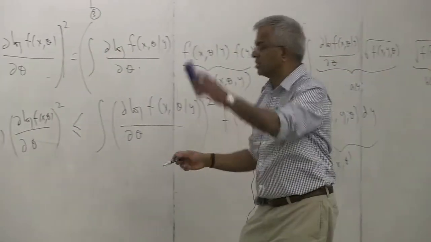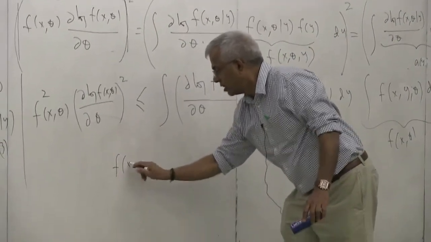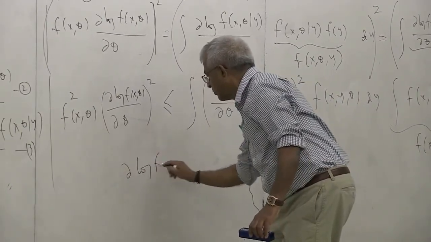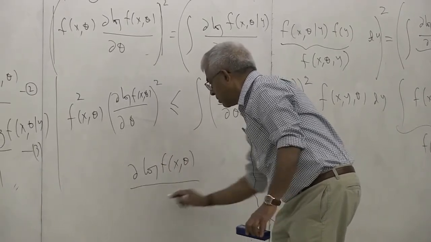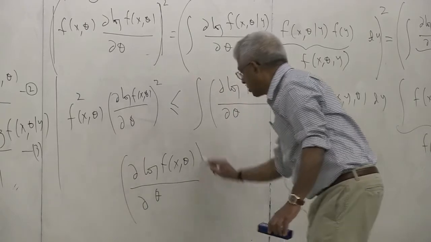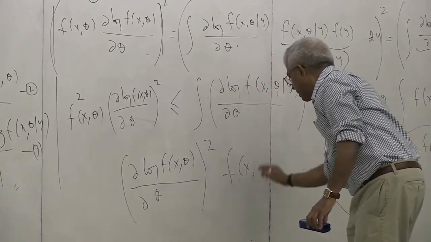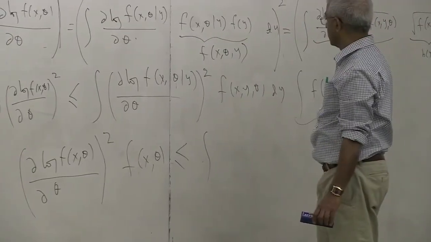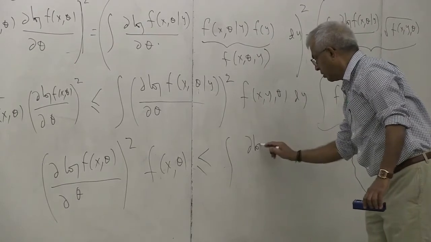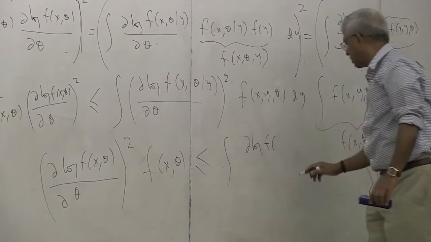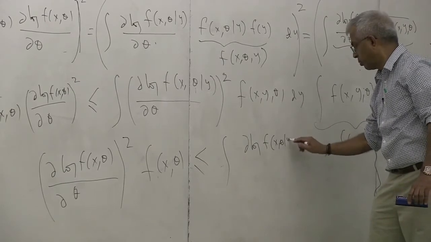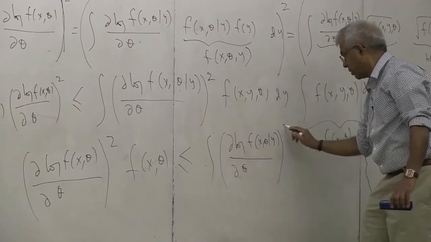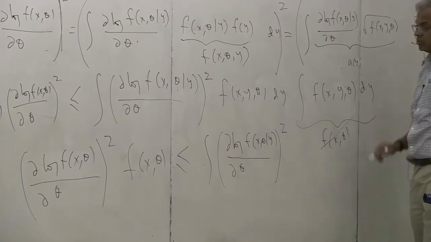So I'll write one more expression, then I'll go there. So what we get is from here, a d log f of x comma theta, or derivative with respect to this, multiplied by f of x comma theta is less than integral d log f of x comma theta given y, I'm just copying from here, d theta, the whole squared, multiplied by this, because this cancelled out, right?